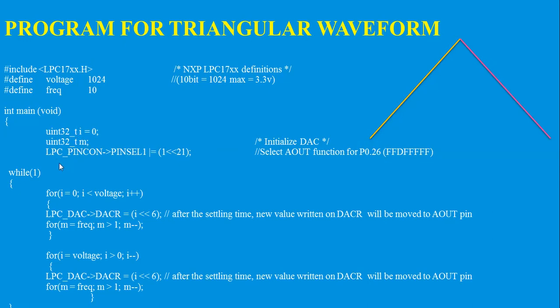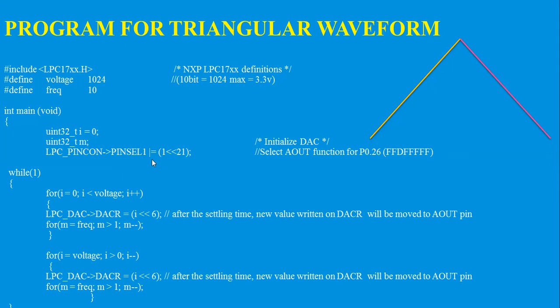Now this is a very important statement where we configure the 26th pin of port 0 as AOUT pin. Here this indicates the 21st position of the pin selection 1 register is set as 1, and that is logically ORed with the original content of the pin selection 1 register.